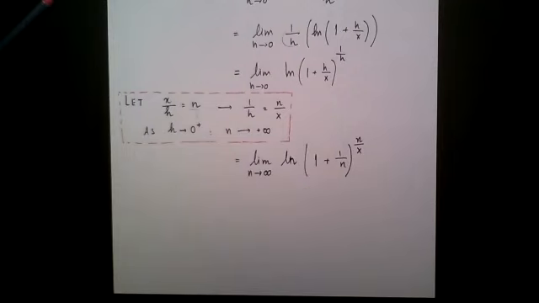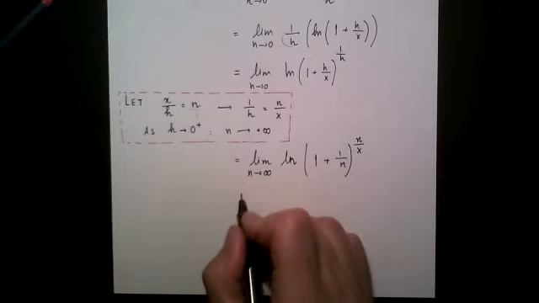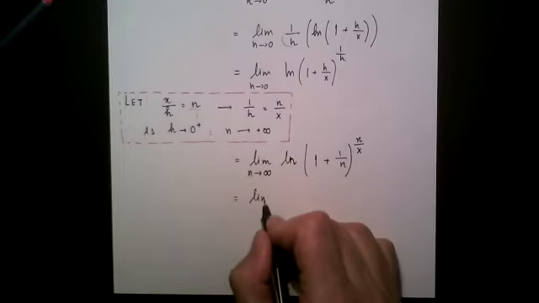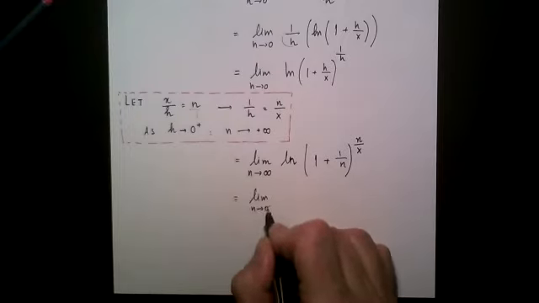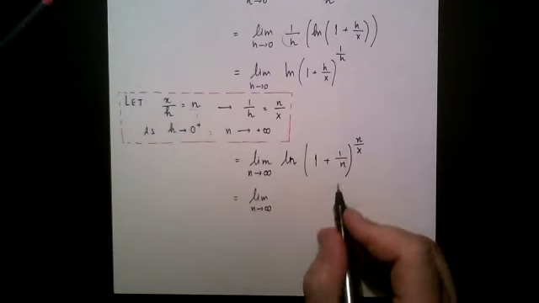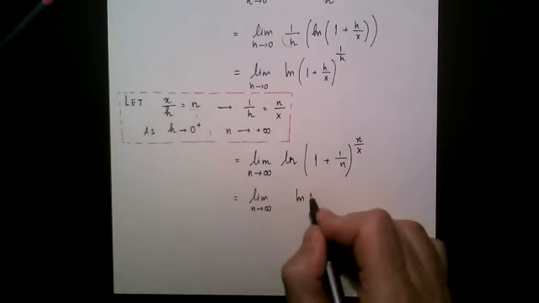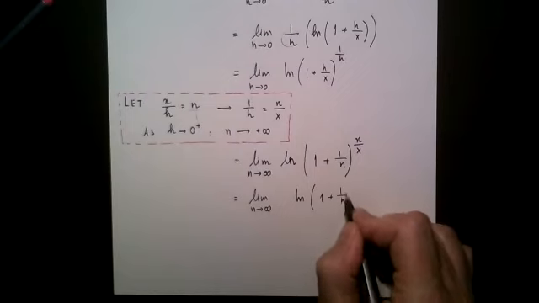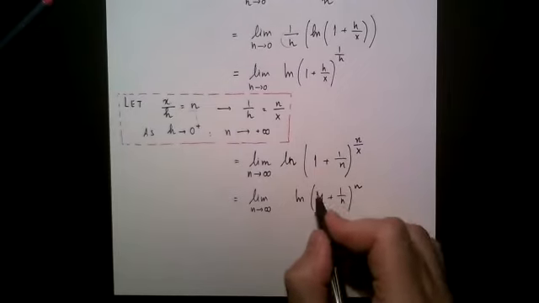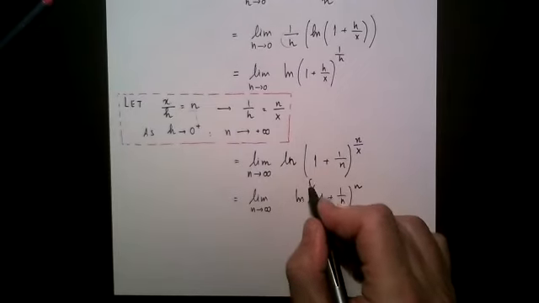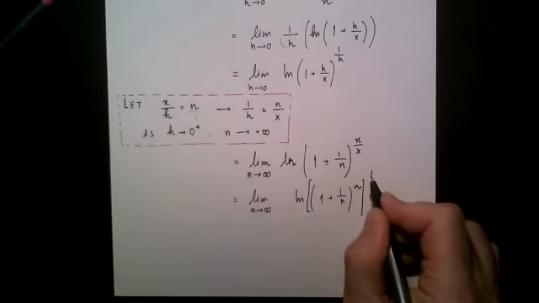Is this okay? Isn't it plus infinity? Yeah, same thing. So this equals the limit as n approaches infinity of ln of 1 plus 1 over n, to the power of n, and then all this to the power of 1 over x.